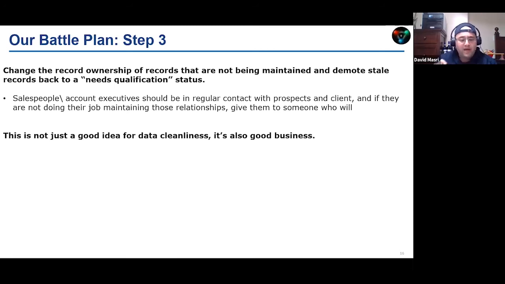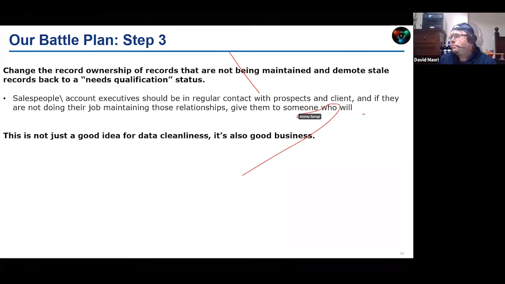So, for example, if I have a contact record and the record type is client, but they haven't made a purchase in 2 years, maybe I should have a process that's going to automatically downgrade them to a prospect, and then perhaps they should go through the qualification process again, right?